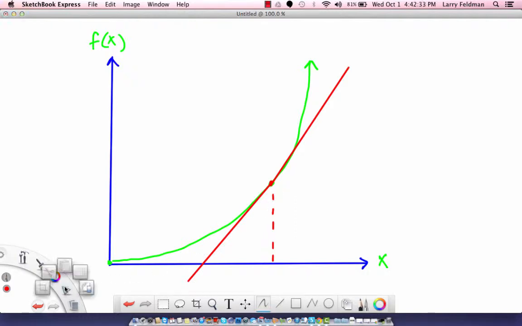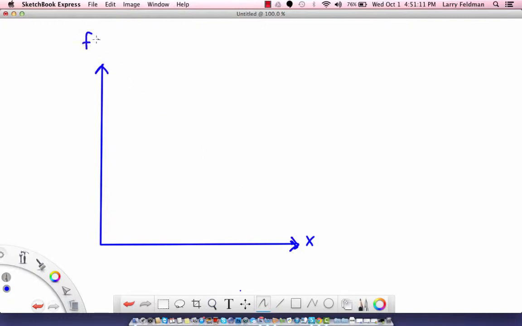So let me clear this out. Okay, let's keep going with this type of analysis. We have the first quadrant in the xy plane again, only we're calling the y-axis f of x.